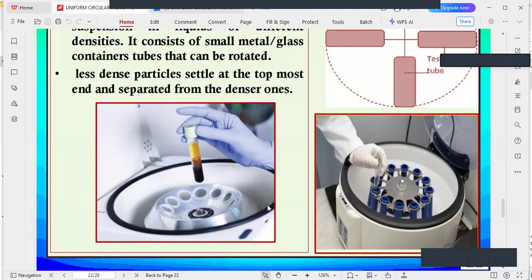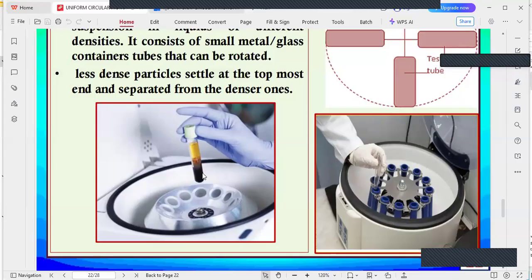And as it rotates, these tubes are going to rise up to a horizontal level. So lighter particles will move closer to the center of the circle. That means they rise up in the test tube. Yellow liquid is lighter.